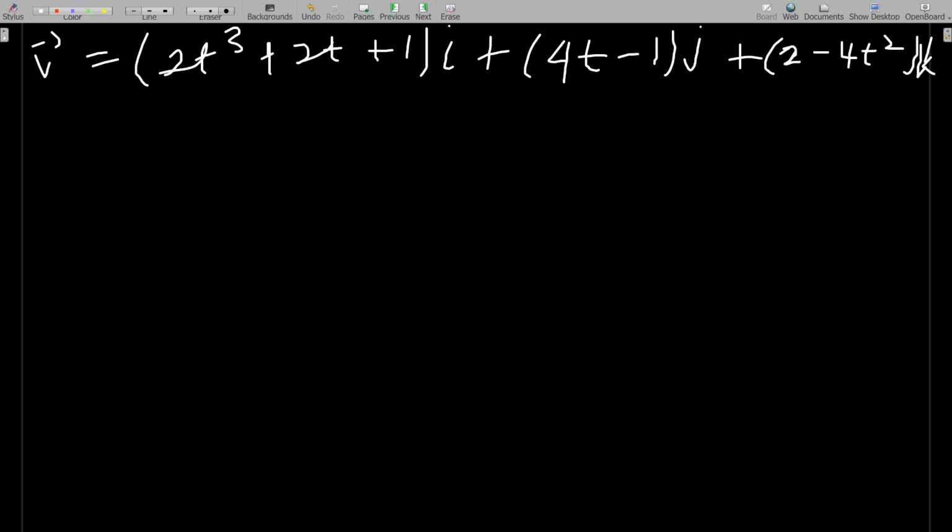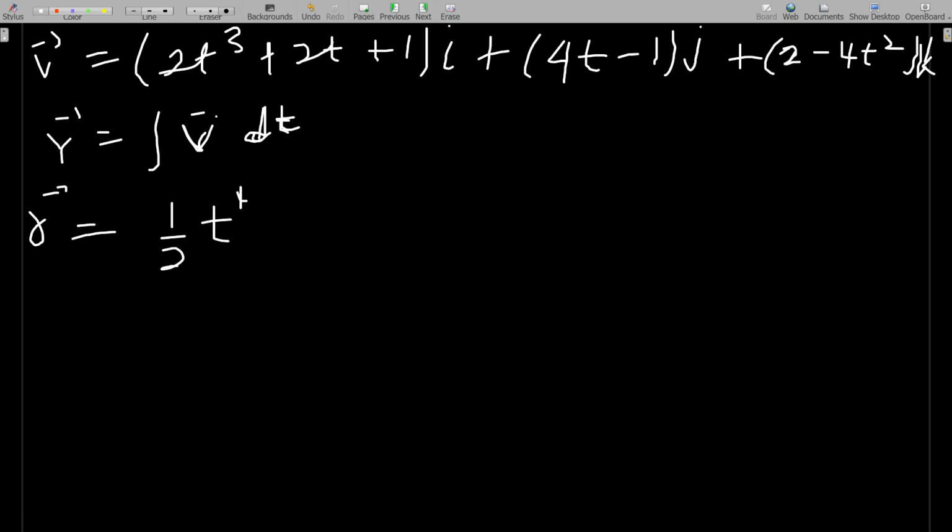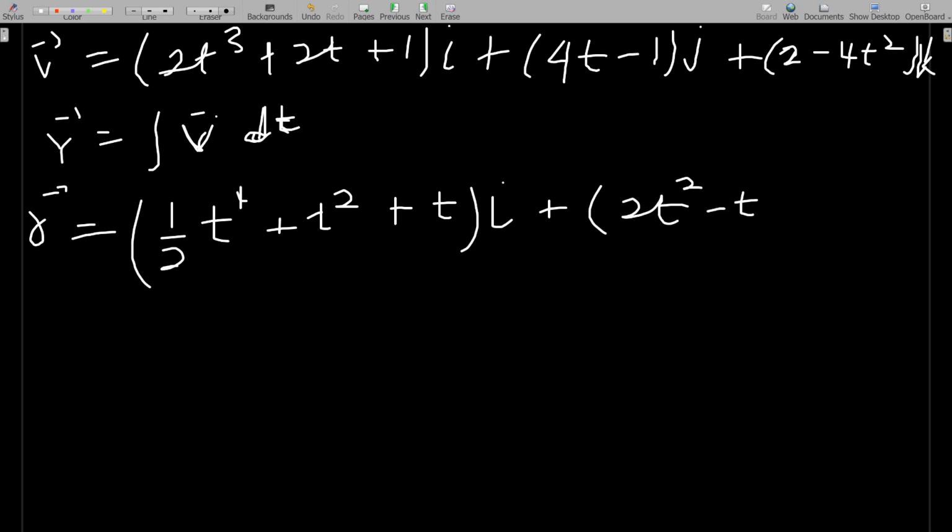So let's go ahead and find our position. The position r is equal to the integral of v with respect to t. These are just polynomial functions in terms of t, so I just integrate them straight away. This one will give me 1 over 2 t to the power 4; when you integrate this, you have 2 over 4, so that is 1 over 2, plus t squared, plus t, then i, plus 2t squared minus t, then j.